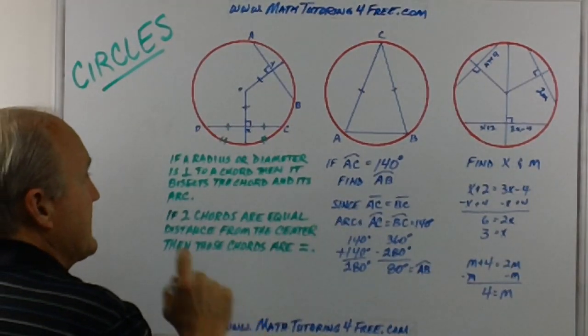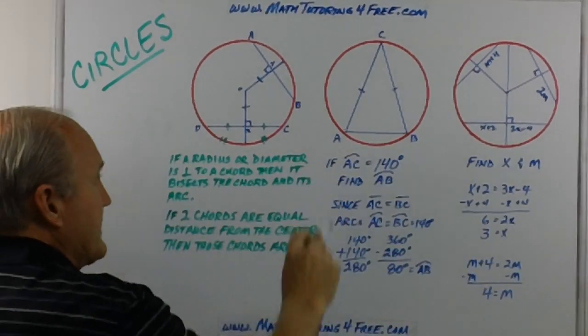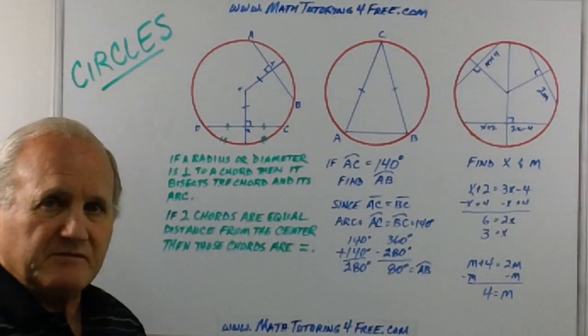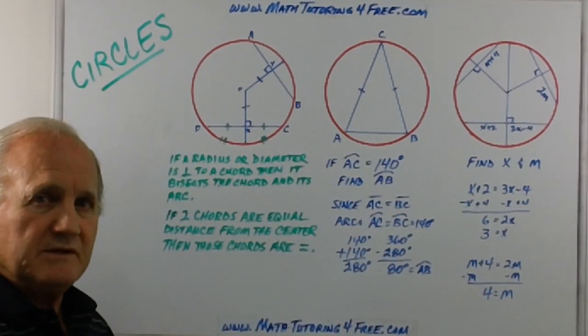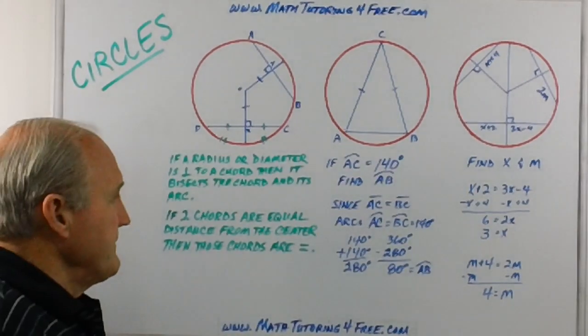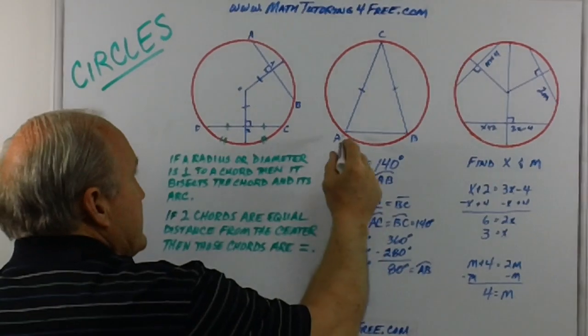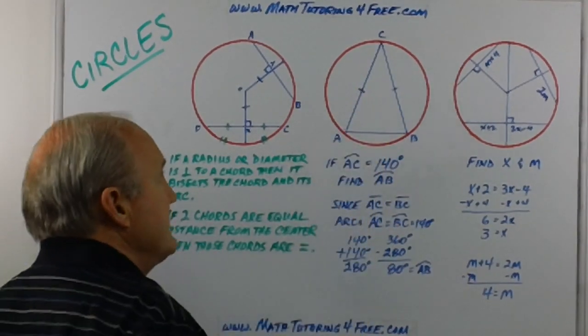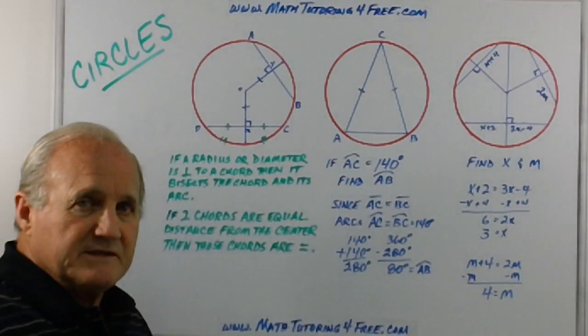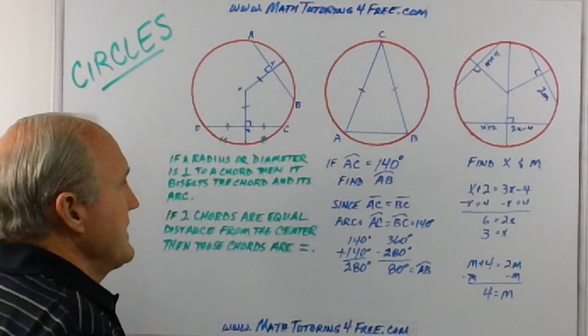Well, if this is the case, then I want to go through a couple types of problems that you're going to be asked to solve. In this particular case, we have an inscribed triangle, and you'll notice that it's an isosceles triangle.